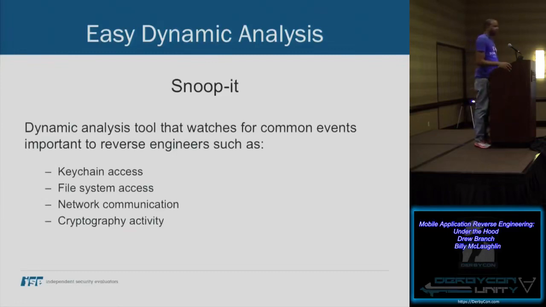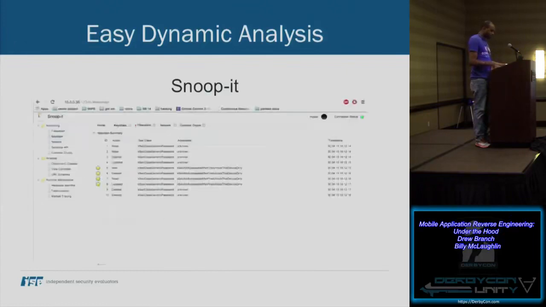So what Snoop-it does is it watches out for common events that are important to reverse engineers, such as keychain access, file system access, as well as network activity and also cryptography activity. It has various other features, but I tend to use it just for these four core items. So I'm going to show you guys an example of Snoop-it here.